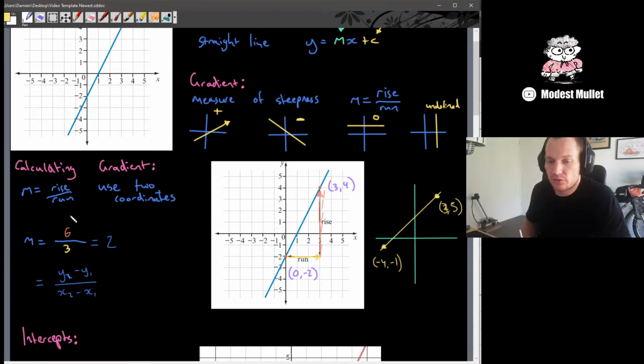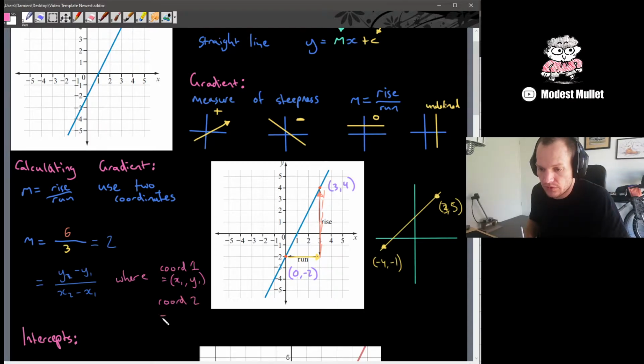This x1, x2 refers to coordinate dot 1 and coordinate dot 2, where coord 1 is equal to x1, y1, and coord 2 is equal to x2, y2. So in this case, this is our first coordinate.